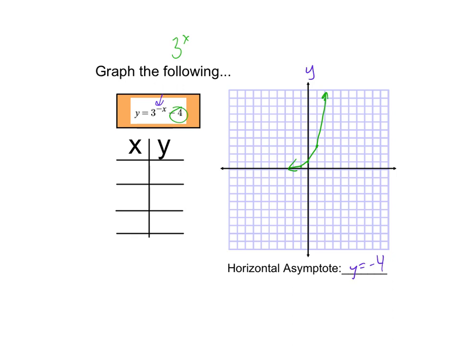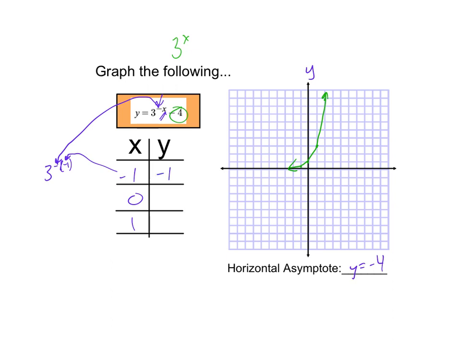So we don't influence the exponent except for making it negative. So I'm going to use negative 1, 0, and 1 here. And if I put in 3 to the negative 1, again, the x is negative 1, and there's the negative out front. So there's a couple negatives there. So that'd be 3 to the 1, which is 3, and then minus 4, which makes it a negative 1.